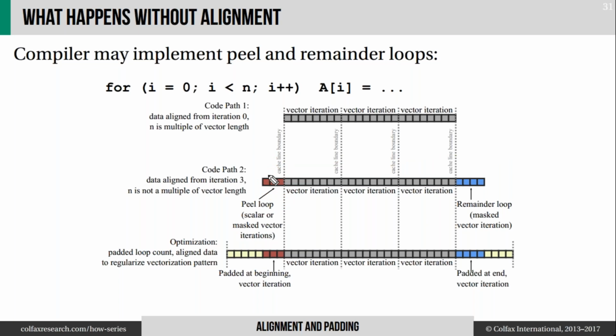I will show you a case today where shifting the data container is not possible. In this case, you may want to pad your loops so that, physically, you need to crunch this data, but you will start the loop sooner, and you will crunch some garbage data just to make sure that your first vector iteration is full and you don't need masking.